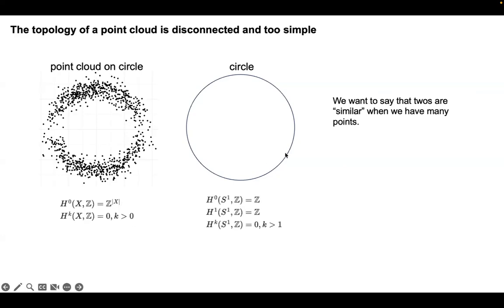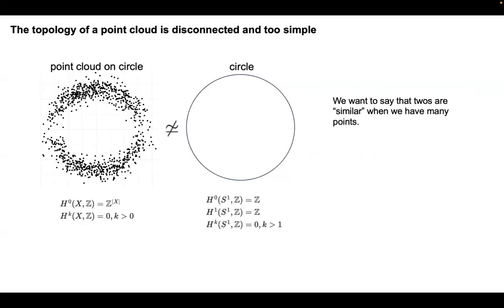On the other hand, in the circle case, homology is quite different. It survives for degree 1 homology or cohomology. This means that even if we allow putting in many points on the point cloud, this difference cannot be resolved.